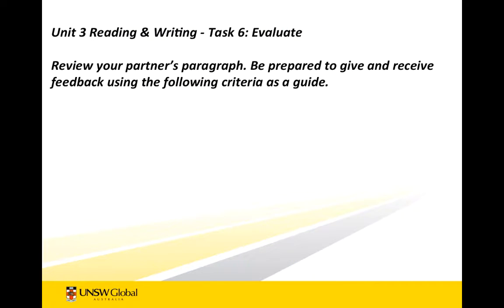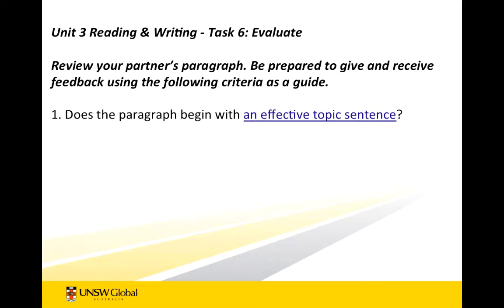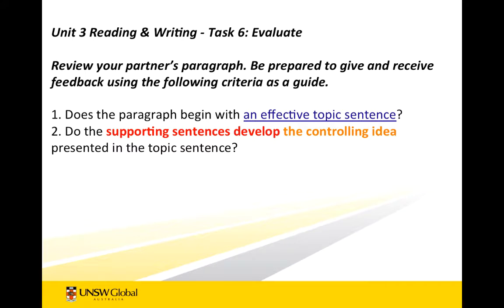We are going to use the criteria from the Unit 3 Reading and Writing Peer Review to analyse our paragraph 2. So we'll look at the topic sentence and highlight its parts. We'll look at the supporting sentences and if they cohesively or logically link to the controlling idea.